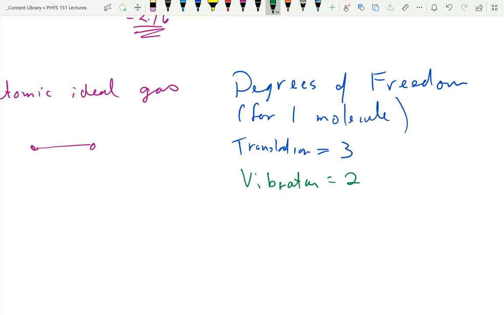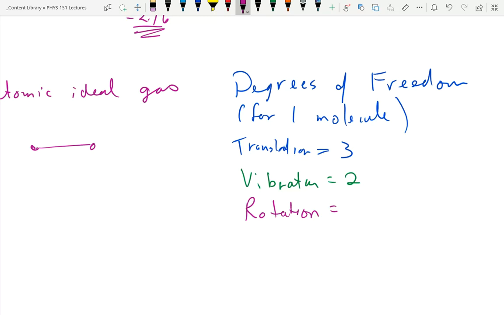And then there's one more way that it could have energy, from your organic chemistry class, those who have taken it. Do you remember what the final way it can have energy is for a diatomic? It's rotation.